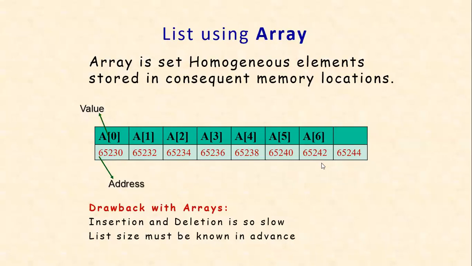That means that much memory must be free with consequent memory locations in your computer. Otherwise, you cannot use that array. First thing, availability of memory is definitely a difficult one for storing elements in consequent memory.